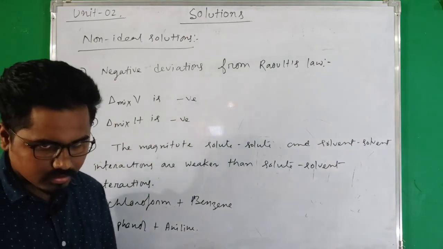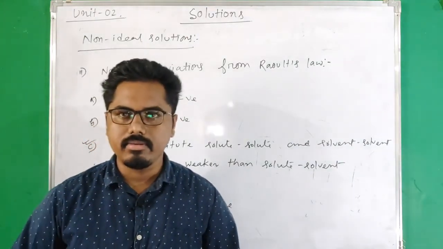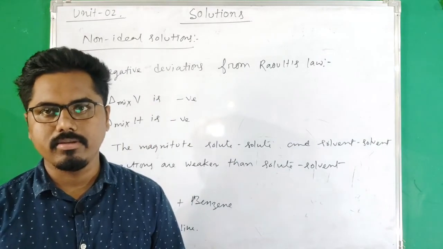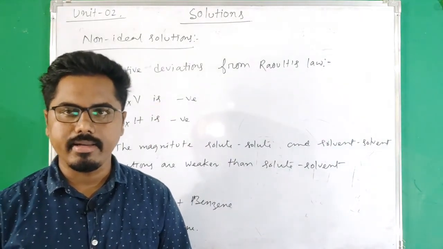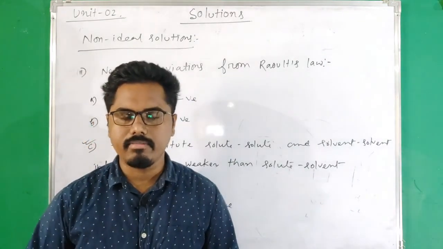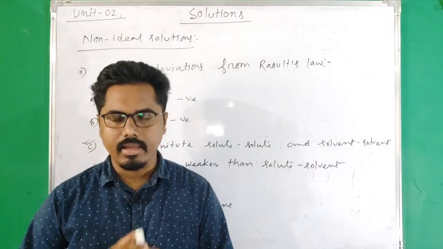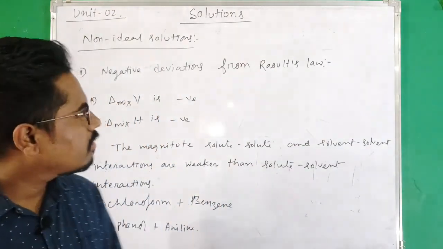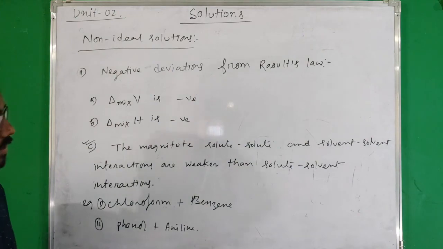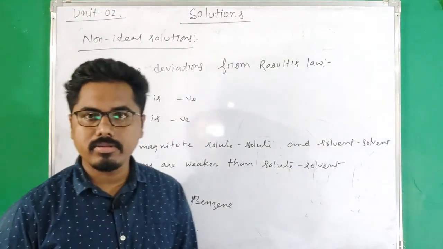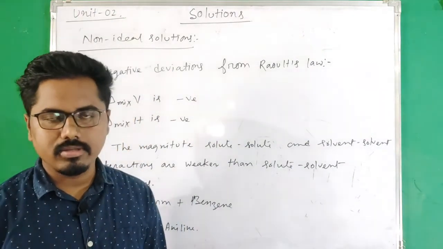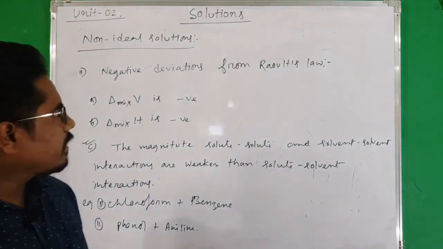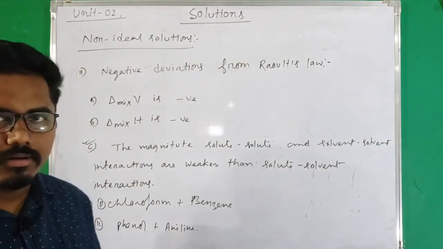Okay? So, in this class, we have learned about graphical representation of Raoult's law. Then we have learned about ideal solutions. Then we have learned about non-ideal solutions. In non-ideal solutions, we have learned about solutions showing positive deviation from Raoult's law, and then solutions showing negative deviation from Raoult's law.